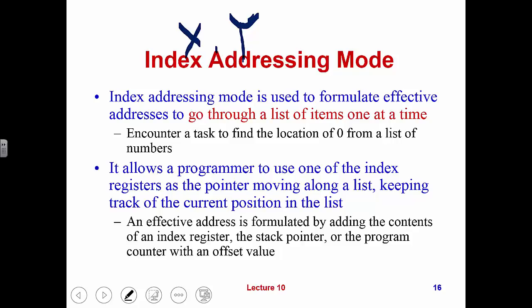In this case, we encounter a task to find the location 0 from a list of items. So we start from 0. We need to save its value in X or Y, then we keep adding an offset value to either X or Y. So the instructions of index address mode in general allow the programmer to use one of the index registers, X or Y, as a pointer, moving along the list.